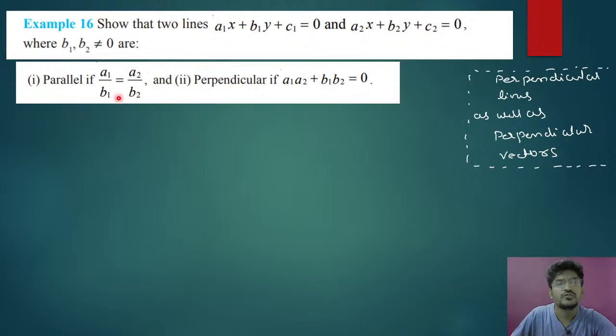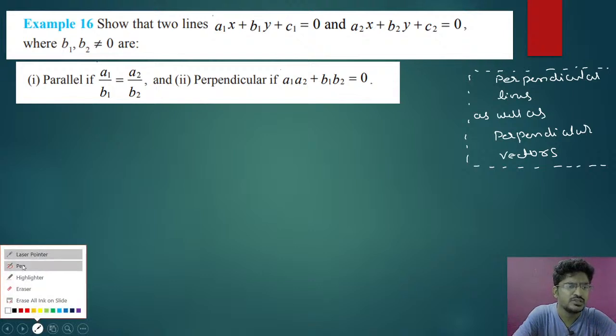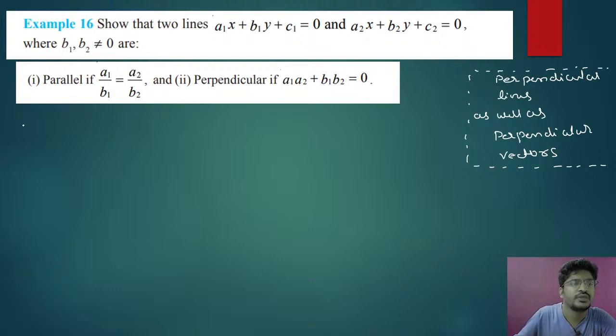So from these two conditions we shall solve it. We have to show that if they are parallel, A1 by B1 is equal to A2 by B2, and if they are perpendicular, A1 into A2 plus B1 into B2 equal to 0. Okay, no problem, we can solve it. Clear?